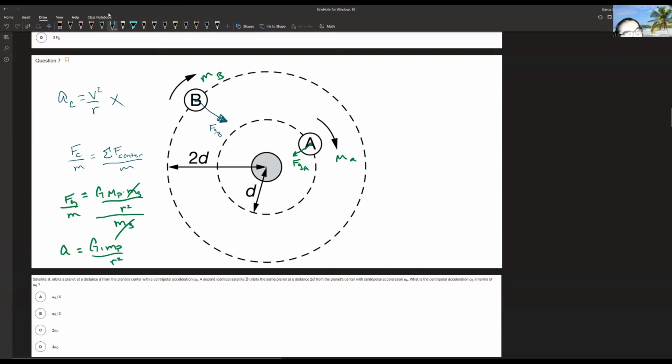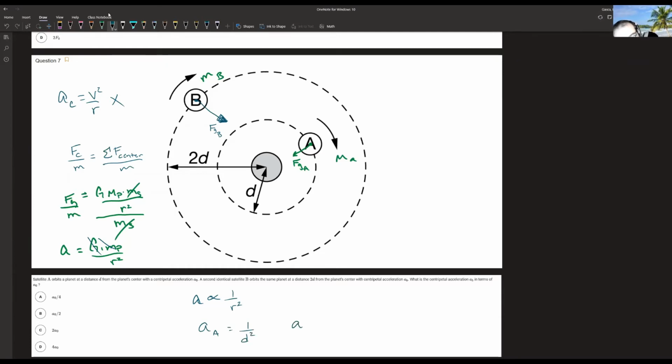And again, big G is a constant in our comparison, so we don't need to worry about it. And the mass of the planet is also a constant in our comparison. What we find is that the acceleration of these planets is proportional to 1 over r squared. The acceleration of A is 1 over d squared.